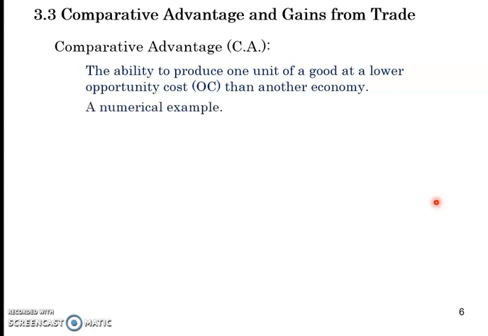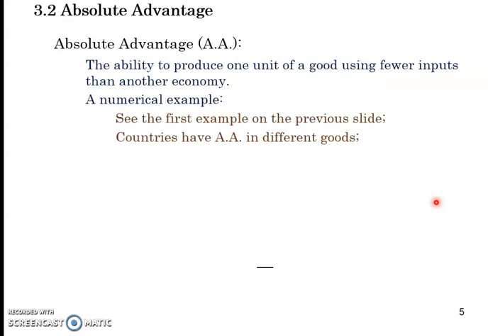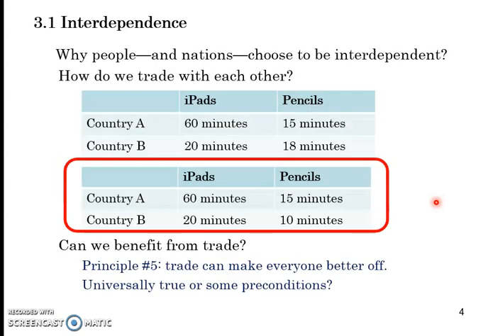So for the numerical example, let me flip back to this one. Let's look at the second table here. Country A spends 60 minutes producing each iPad, right? Now, if we assume that country A gives up iPad production, it has 60 minutes that can be used to produce pencils.